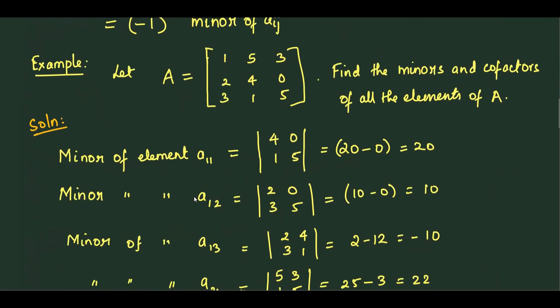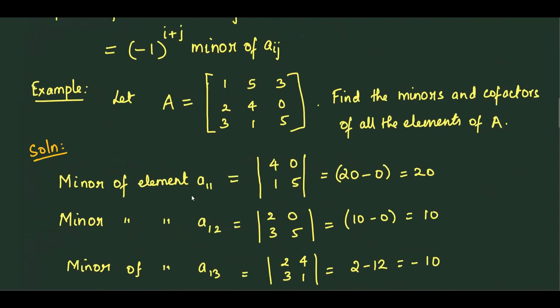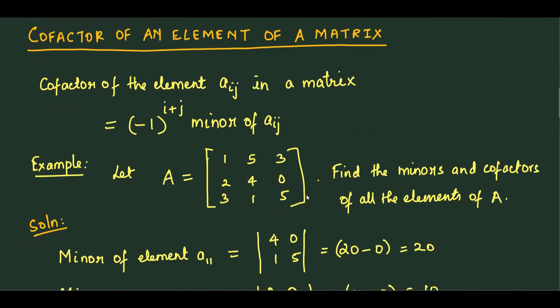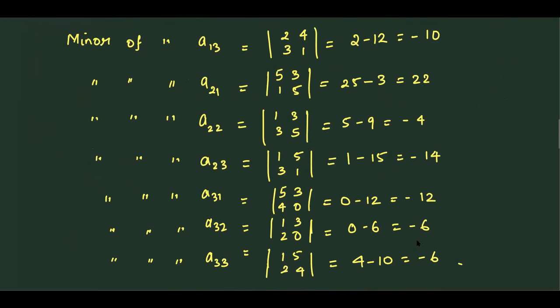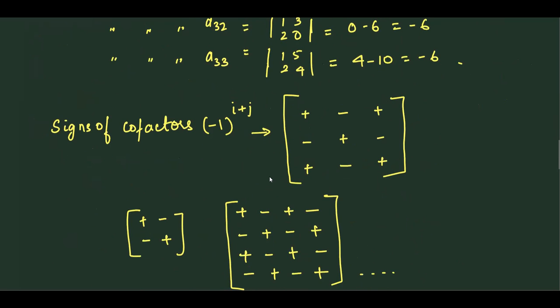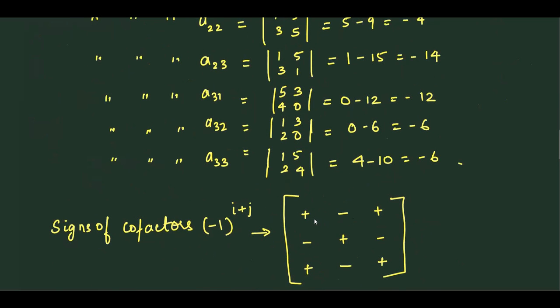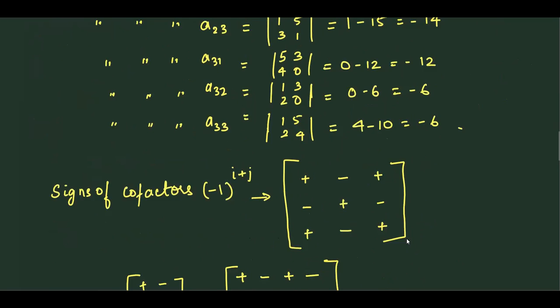We took examples yesterday, and in detail found the minors and the cofactors of all elements of A. We found the minor of each of the 9 elements, and then the cofactors, based on how -1 to the power i plus j gives a plus or minus sign by location in the matrix.